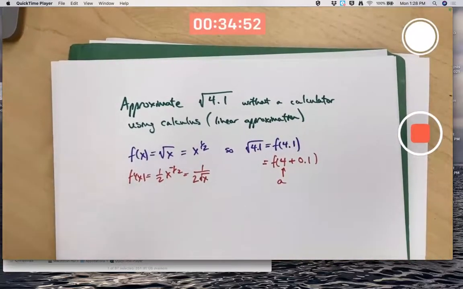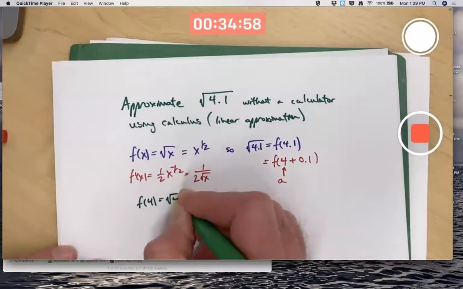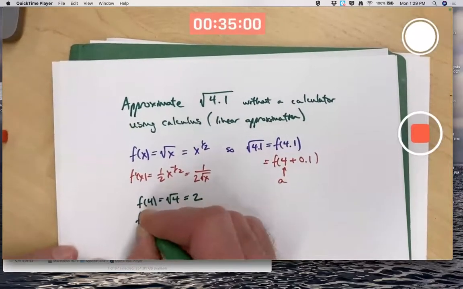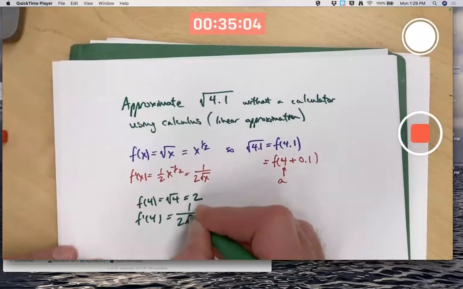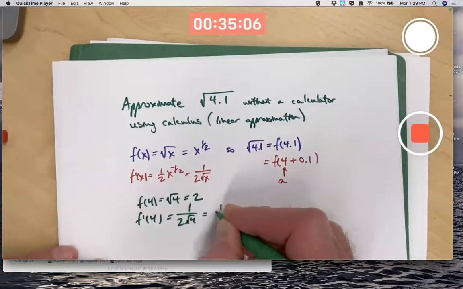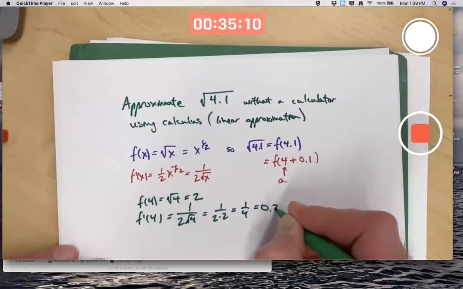A is 4. I need to find f of 4 and f prime of 4. f of 4, the square root of 4, is exactly 2. f prime of 4 is 1 over 2 square root of 4, which is 1 over 2 times 2, which is 1 over 4, or 0.25.